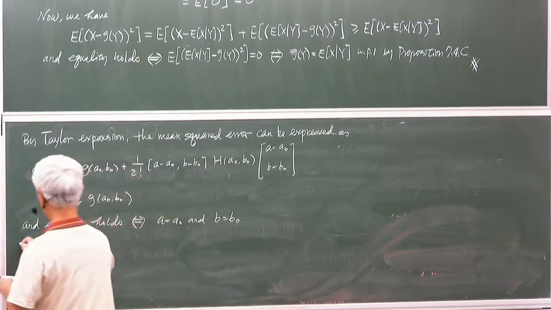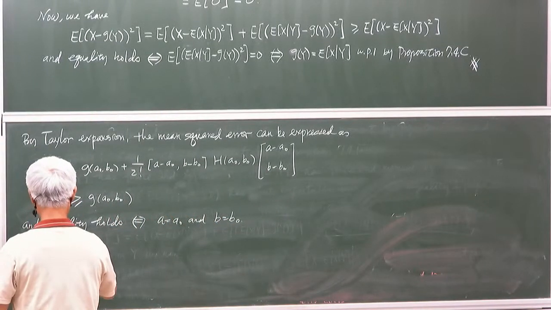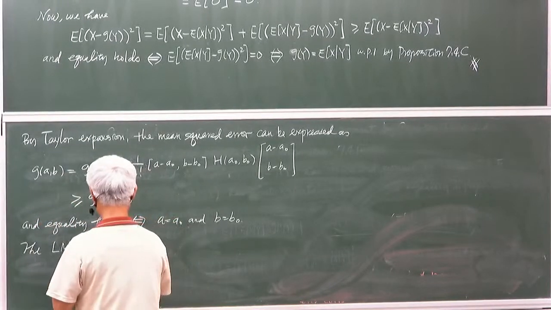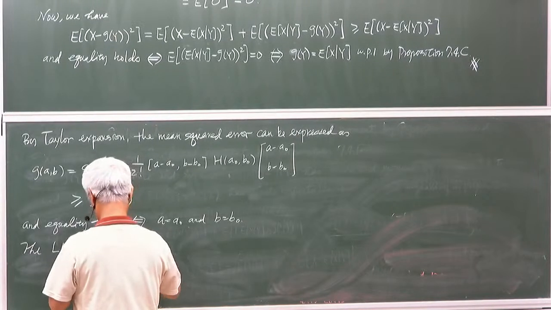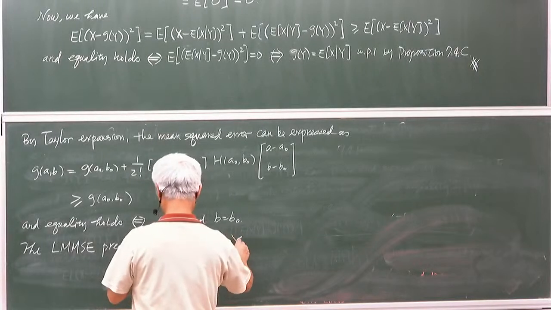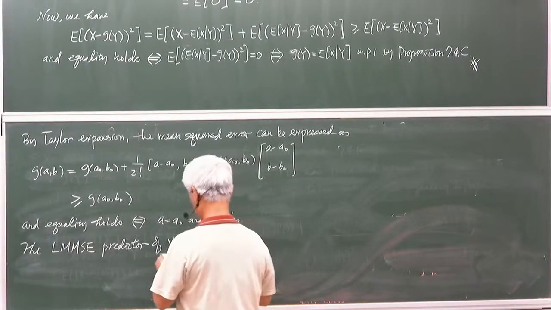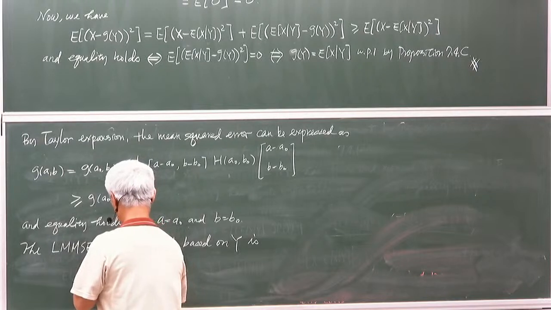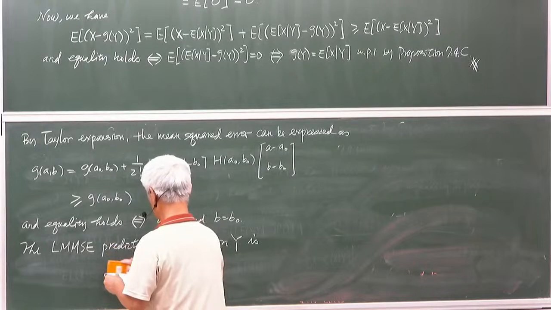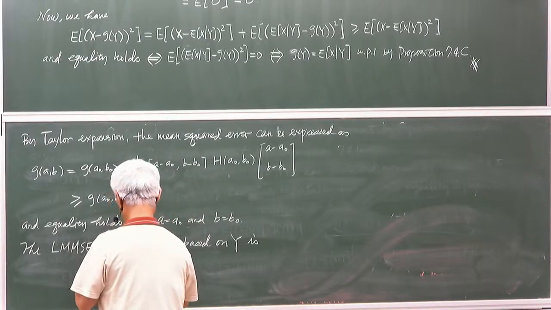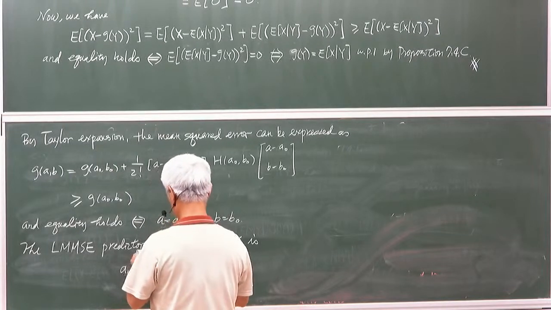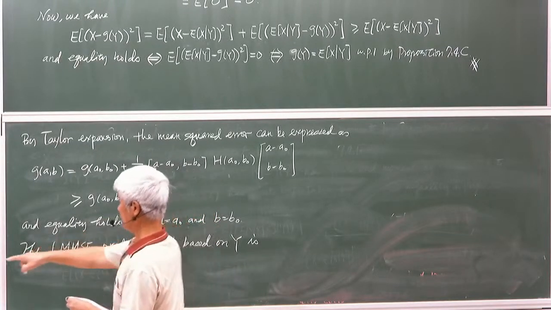Okay? So the linear minimum mean square error, the MMSE predictor of X based on Y, is here. It's g of Y. It's A0 plus B0 Y, so we apply it here.